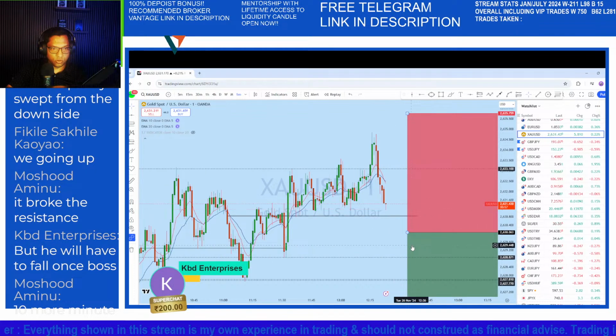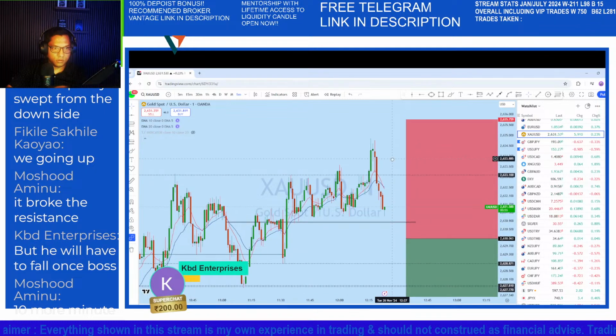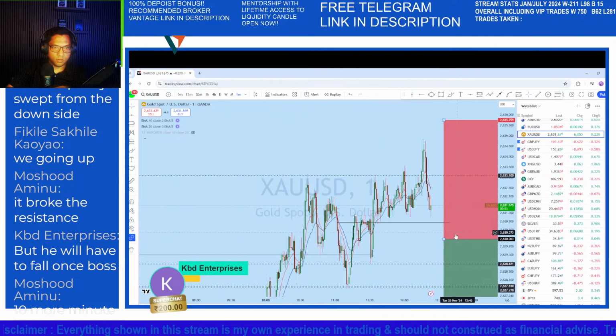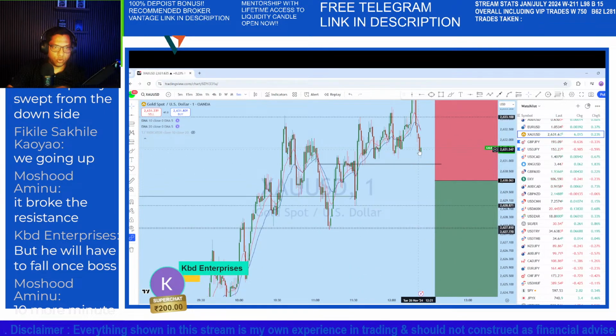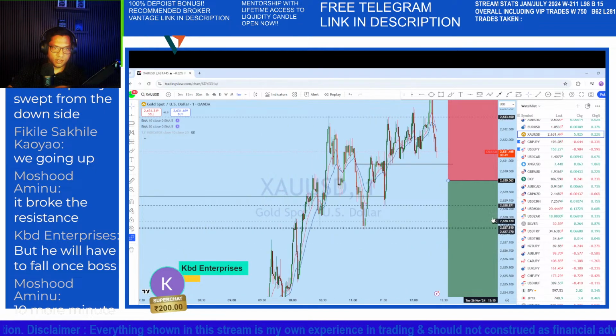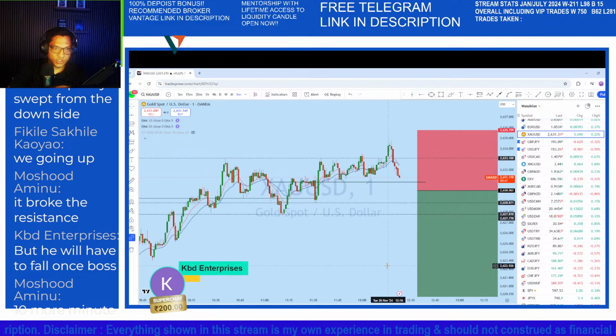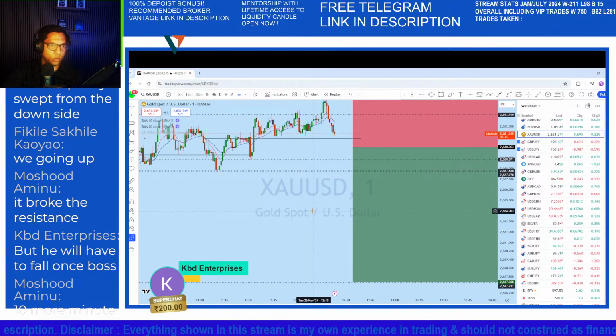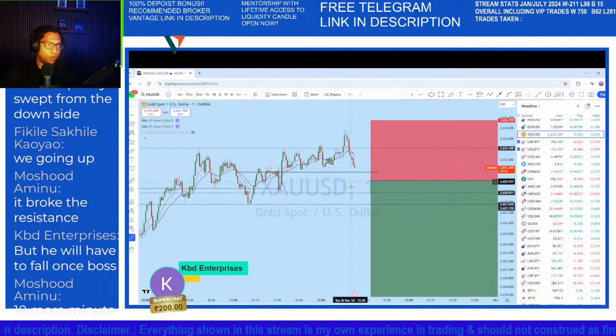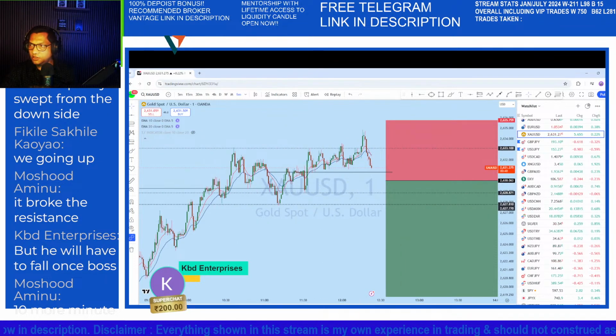All right, so that support, if it is forming a head and shoulder, you might even see that complete downward direction here. I would like to hold it because it might be forming a head and shoulder on the 1 minute, which might give further probability for downside.